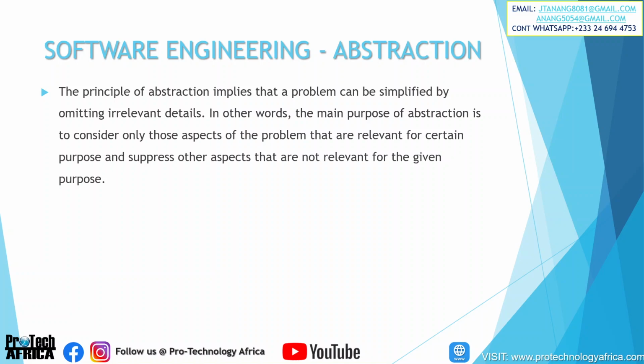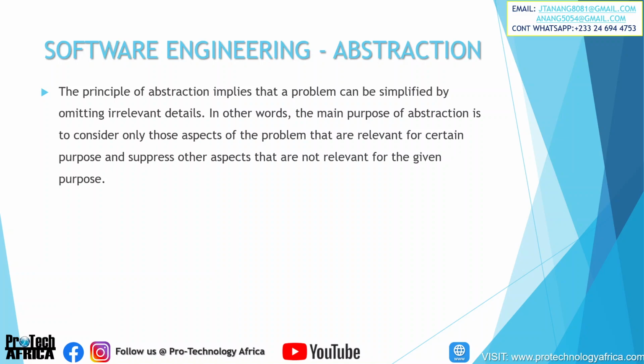So what the principle of abstraction states is that we itemize our details, our problems, and we consider the problems that are relevant for a specific task, and we tackle them. Then we come to the ones that are of less importance for that specific task, and we consider them later.